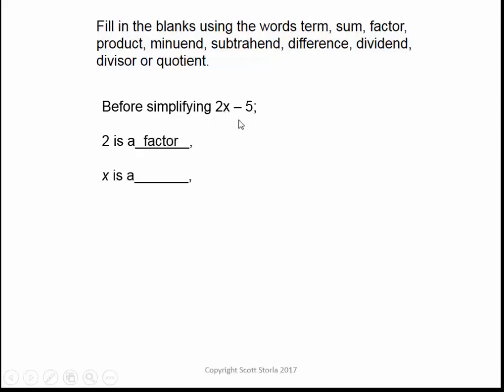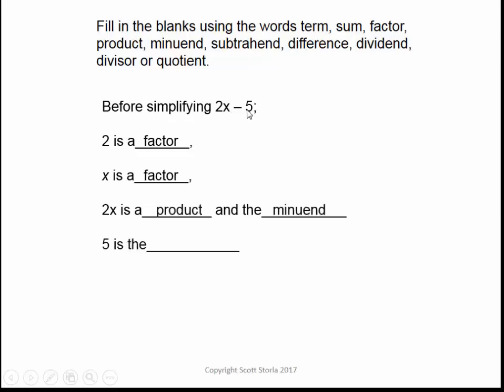And the x itself is going to be a factor because it's multiplied to 2. 2x is a product, it's 2 times x, and it's the minuend since it's to the left of a subtraction symbol. The 5 is the subtrahend, and the entire expression is going to be a difference because if x was a number, we would multiply first and subtract second.